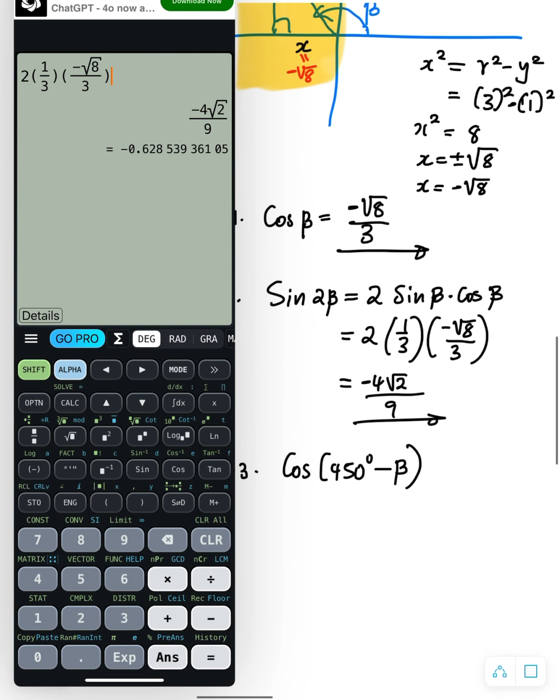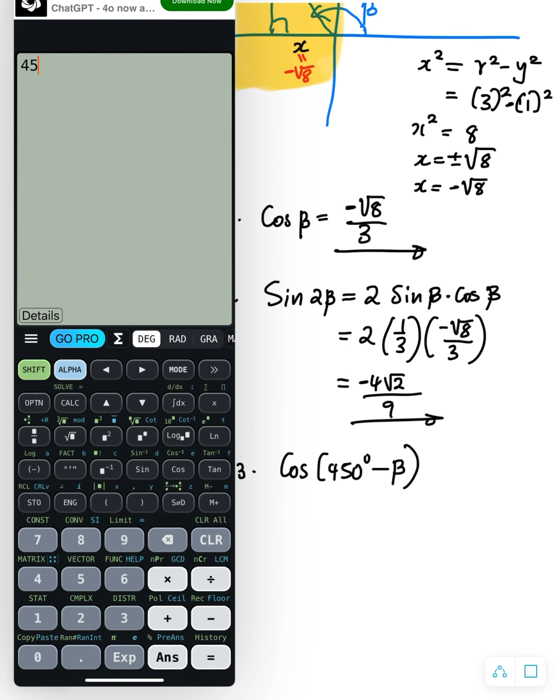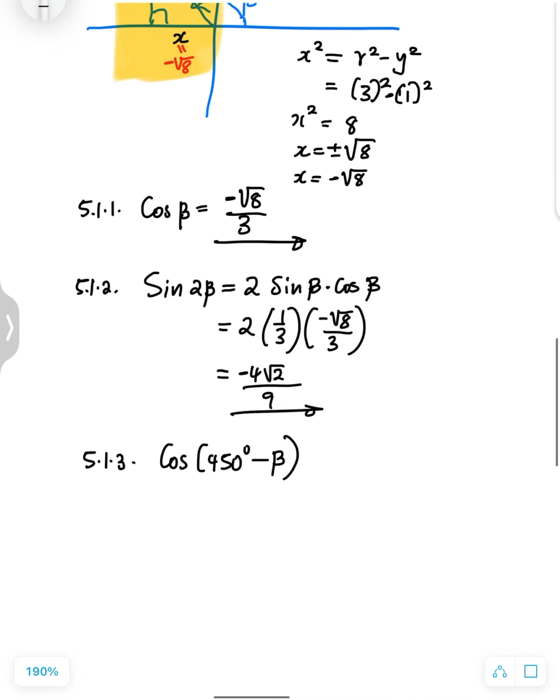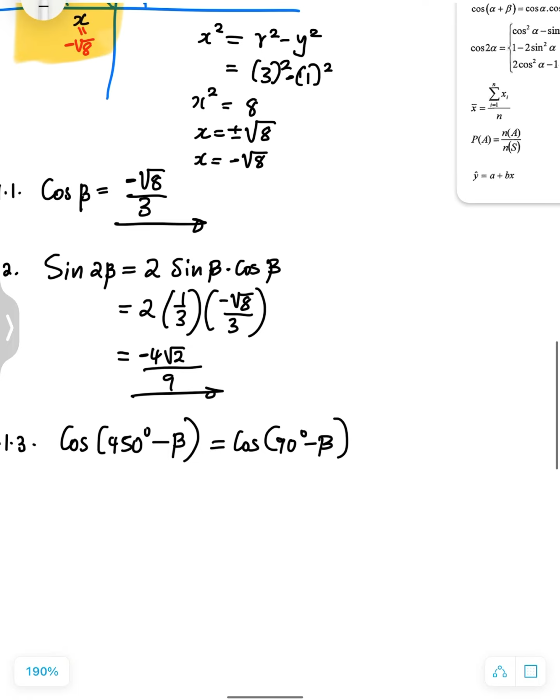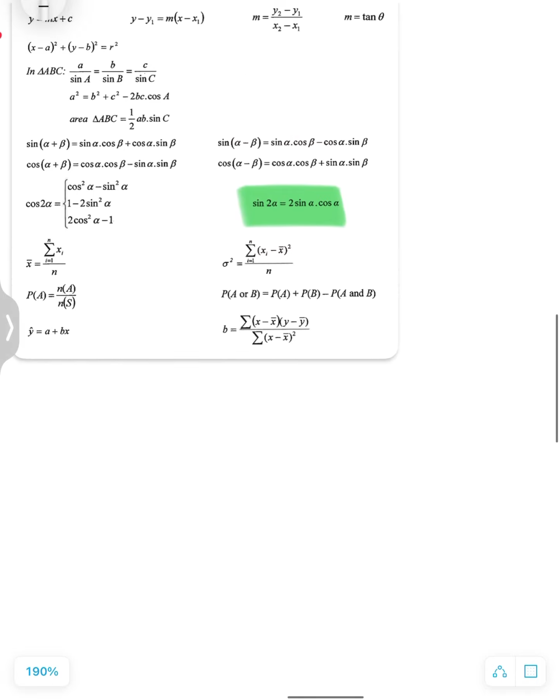So 450 minus 360 gives you 90. In place of 450, you put 90, so it's going to be cos of 90 degrees minus beta. Now that we have this, we can use the double angle formula from grade 12.